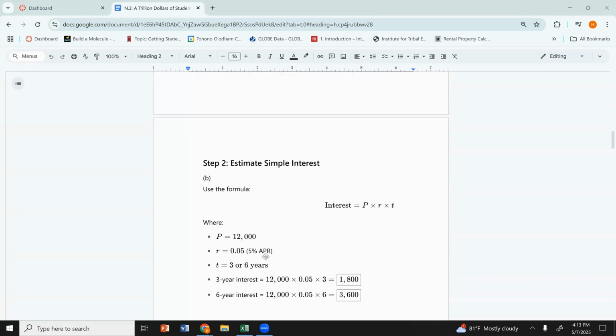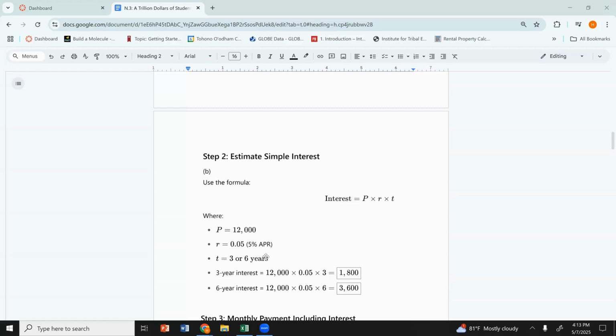So step two, we can do the same calculation, but we have to account for the interest because there's a 5% interest. To calculate simple interest, it is equal to principal times rate times time.